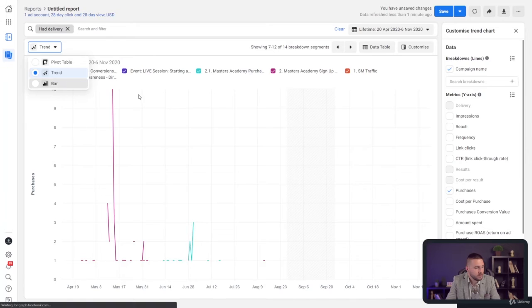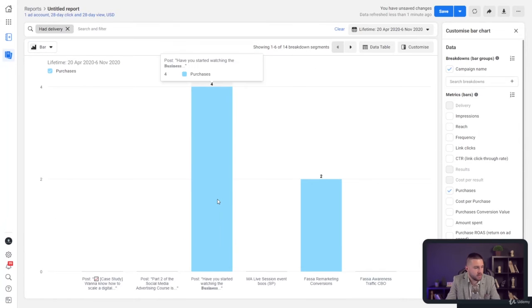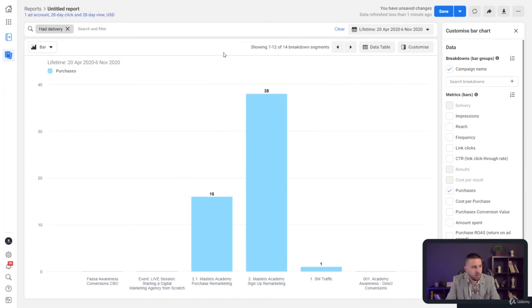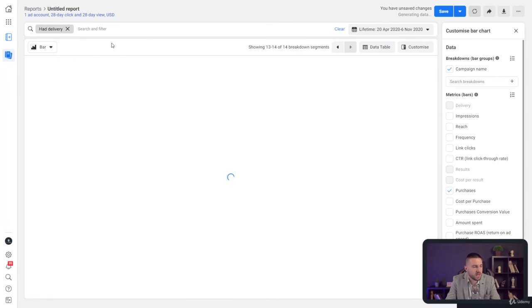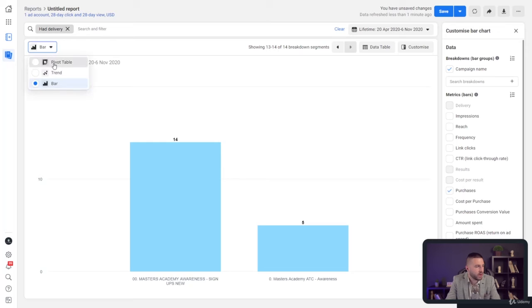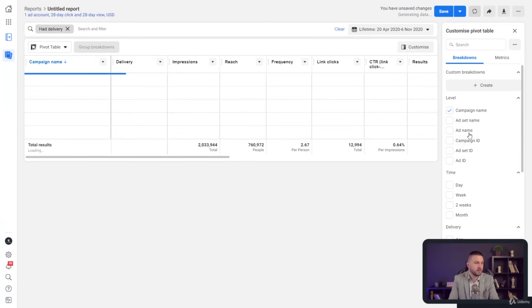Now you can also look at this as a bar chart and see for certain campaigns, but the problem with these two, the bar and the trend chart, is that they only work when you have a large number of breakdown segments. So let's go back to the breakdowns and explain what that means.